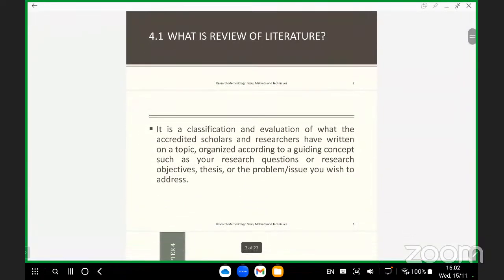Okay, bila kita cakapkan tentang literature review di mana-mana pun sebenarnya, di mana-mana university, chapter literature review ini selalunya kita letakkan selepas chapter 1. Okay, literature review. Okay, so secara definitionnya, literature review ni adalah evaluation of what the accredited scholars and researchers have written on a topic. So if that topic is also your focus of research, your area of interest, so you have to go for literature that relates to that.